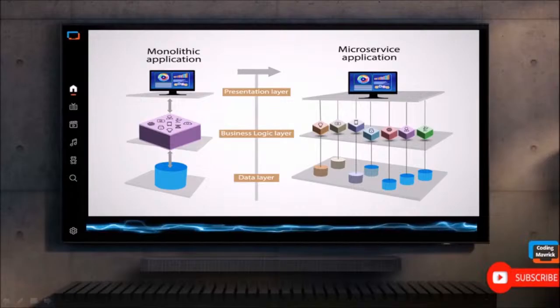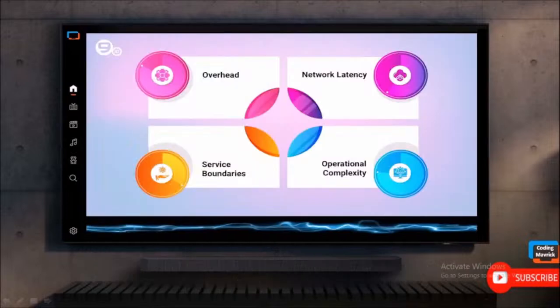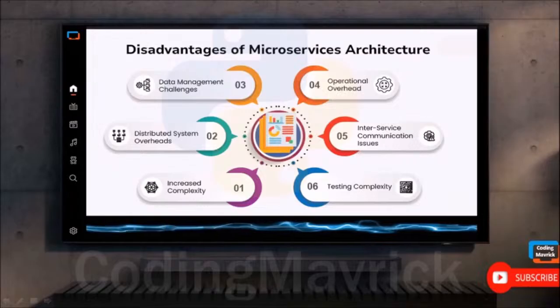But viewers, keep in mind that microservices are not free from problems. These have a few trade-offs like complexity, communication overhead, data management problems, and DevOps overhead. Managing dozens of small services, databases, and connections is tough. You will need Docker, gateways, service discovery, and logging tools.